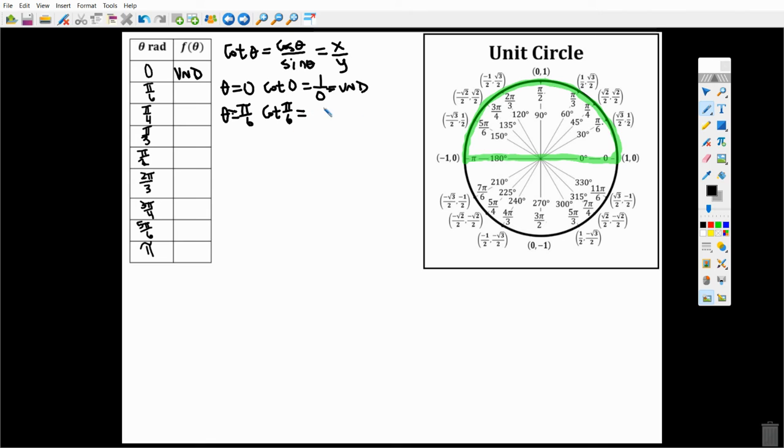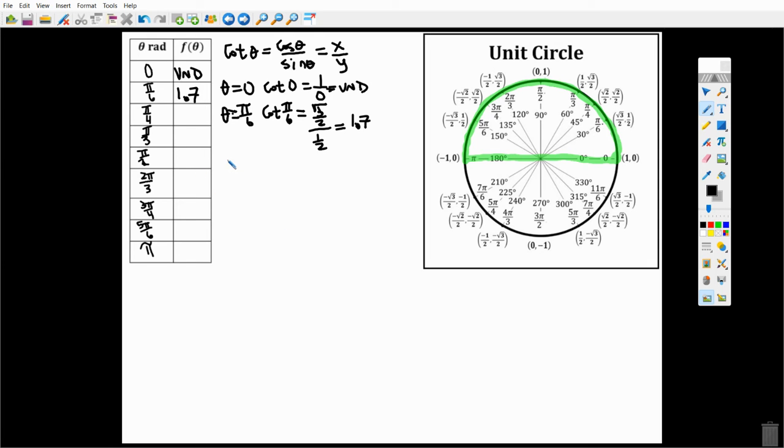Cotangent of pi over 6 is x, which is radical 3 over 2, divided by y, which is 1/2. Radical 3 over 2 divided by 1/2 ends up being 1.7. We get similar numbers because these numbers stay consistent; the only thing that changes is negatives or positives. So this is 1.7.